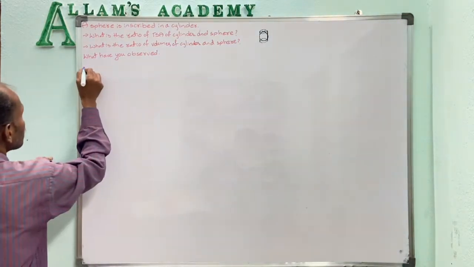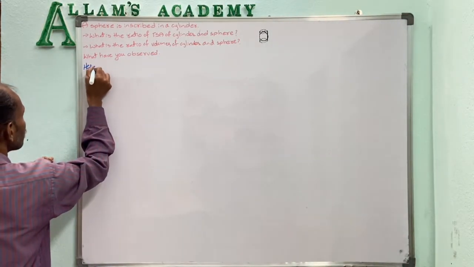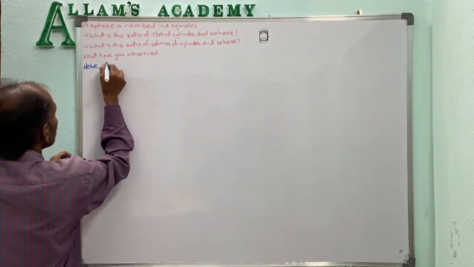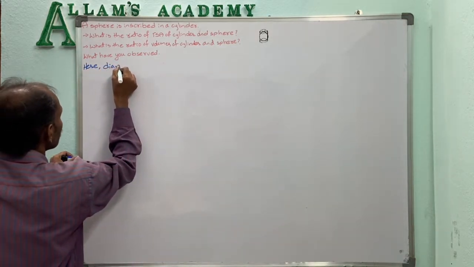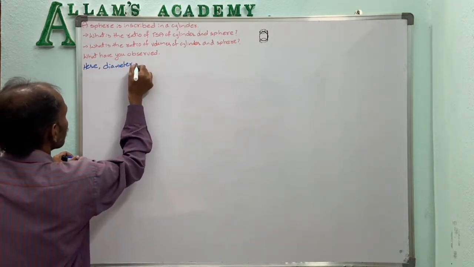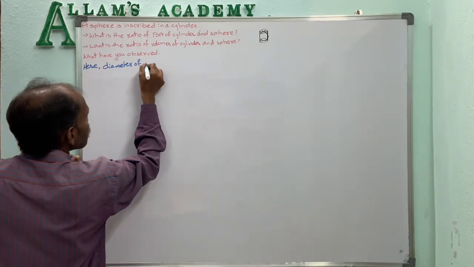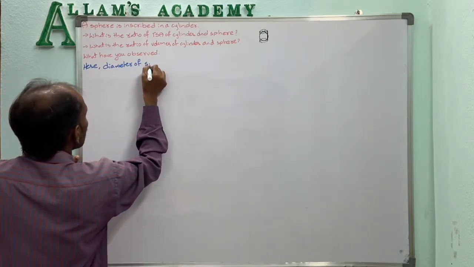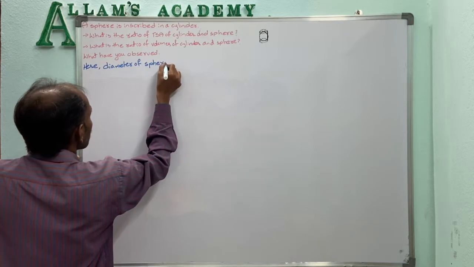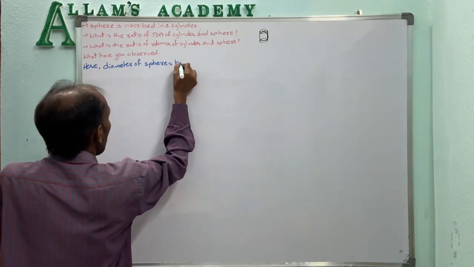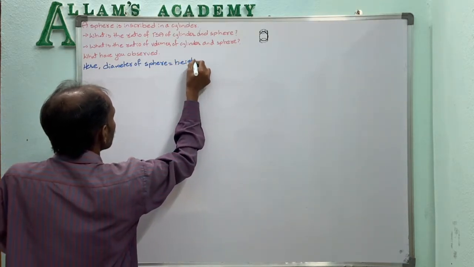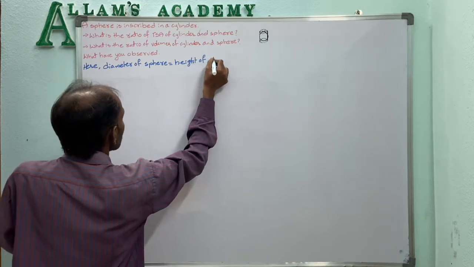So diameter of sphere is equal to height of cylinder.